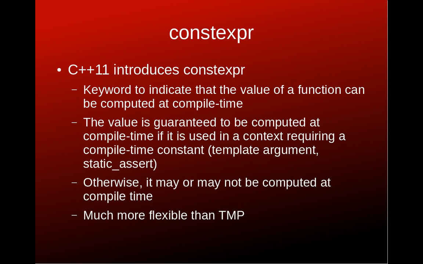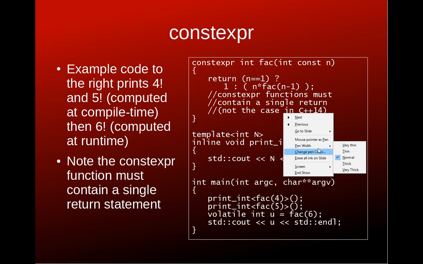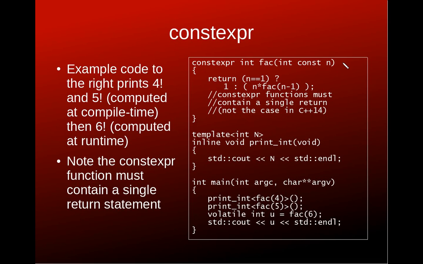Much more ideal. So here we have some example code that illustrates Constexpr. We have this function fac, which computes the factorial of a number. It's a simple recursive function. You'll notice that we have this one return statement, and at least in C++11, it is a requirement of Constexpr functions that they only have one return statement, among other requirements.